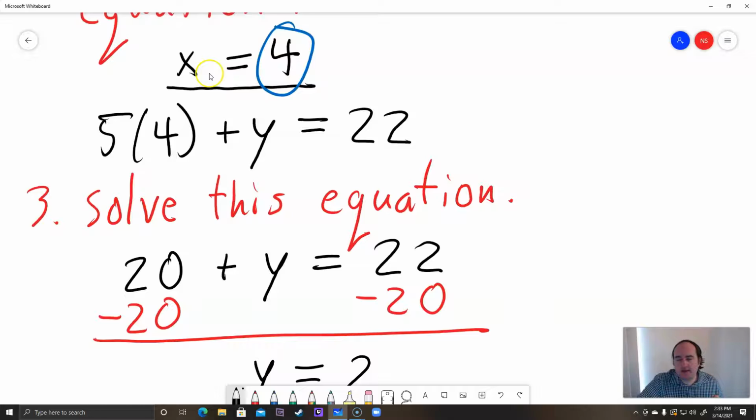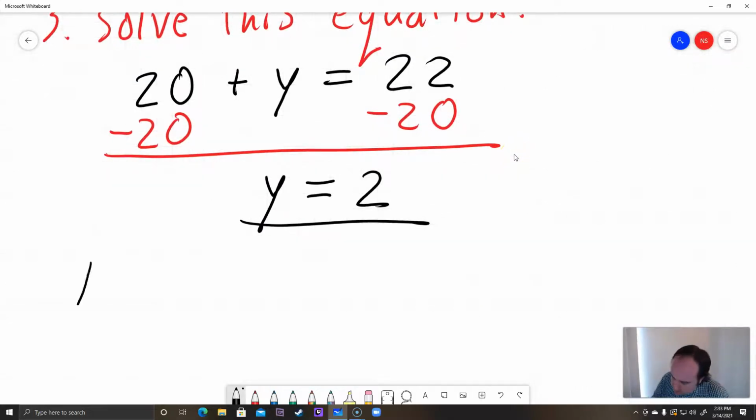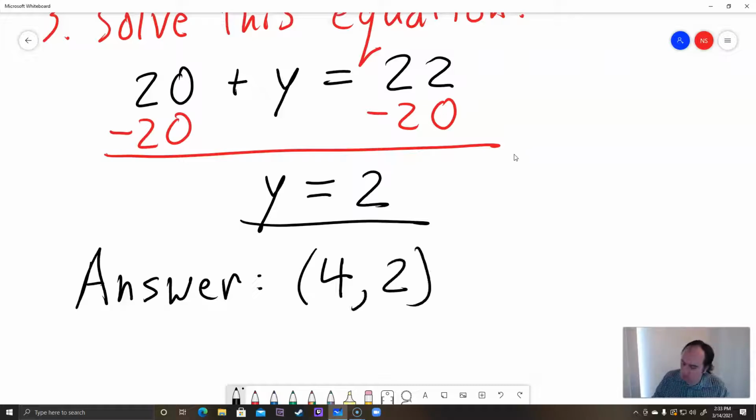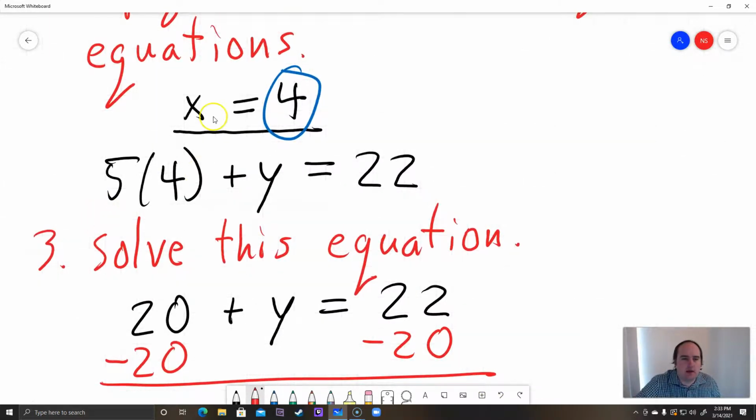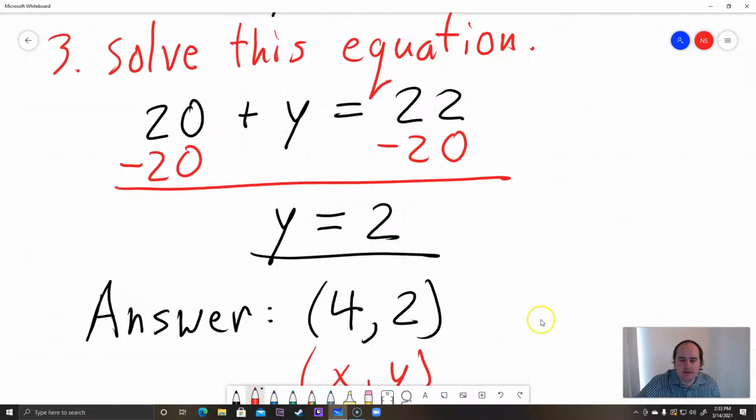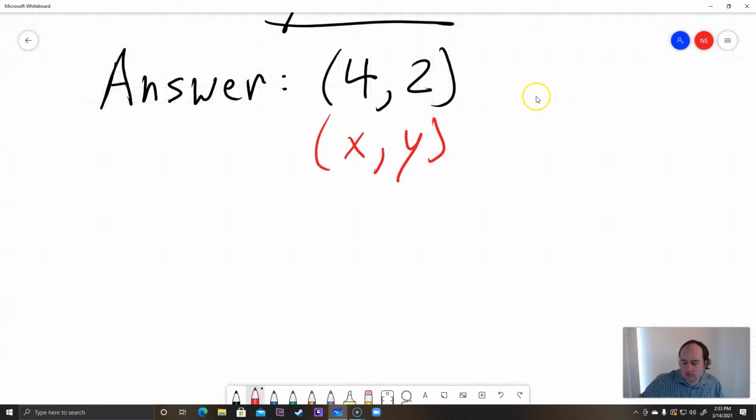The way you write your answer is x comma y. So here that's going to be 4 comma 2, where x is 4 and y is 2. I'll go ahead and box that.